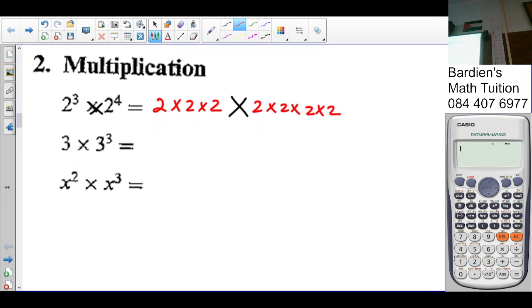Not so? So what is 2 multiplied by 2 multiplied by 2 multiplied by 2 multiplied by 2 multiplied by 2 multiplied by 2? It's going to give you 2 to the exponent 7. Not so?